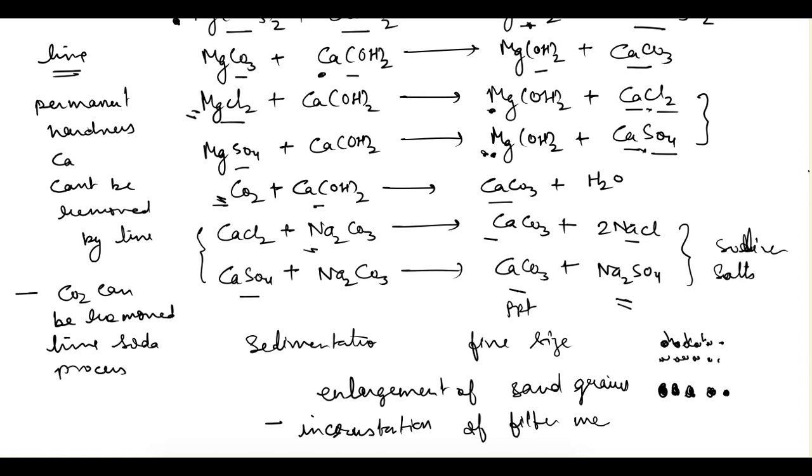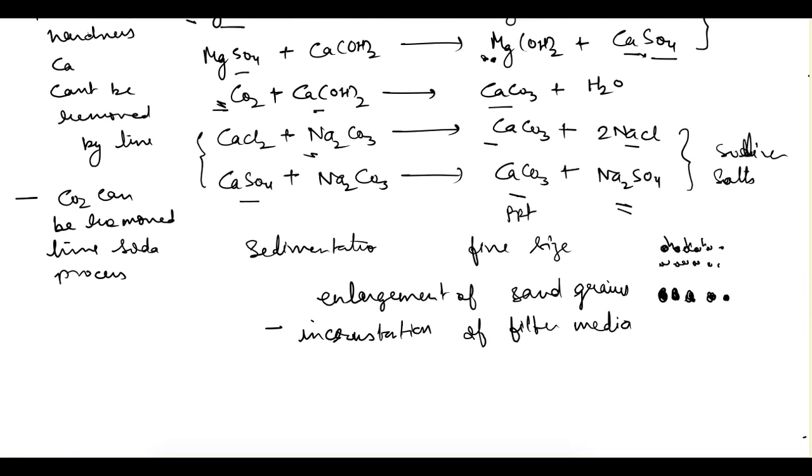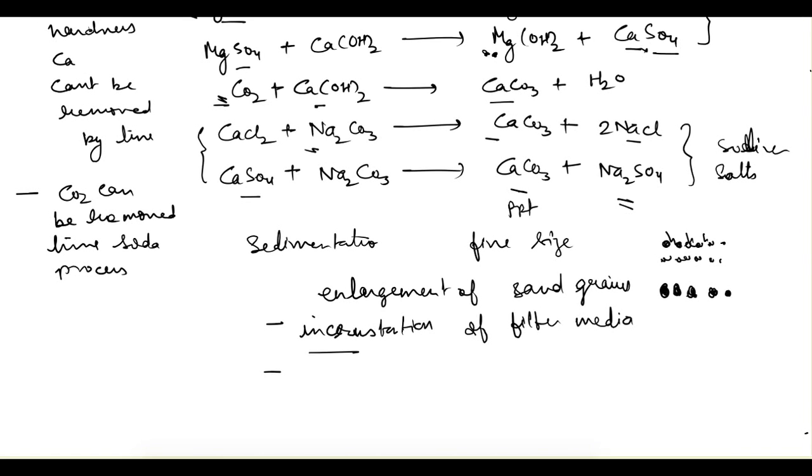Another point you can remember from here is that if this kind of water is sent into the distribution network, it can cause incrustation of pipes also. To remove these fine particles of calcium carbonate, recarbonation of water is done. In recarbonation, simply carbon dioxide is added to water.